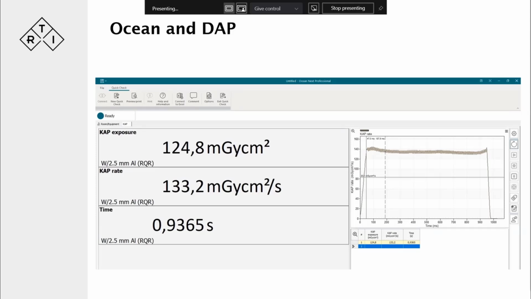So with Quick Check, like this screenshot is from, you'll have the measurement data, waveform, and the grid available like before, like anything else. Of course, you'll be able to work and develop templates for these applications as well. So that works like anything else.